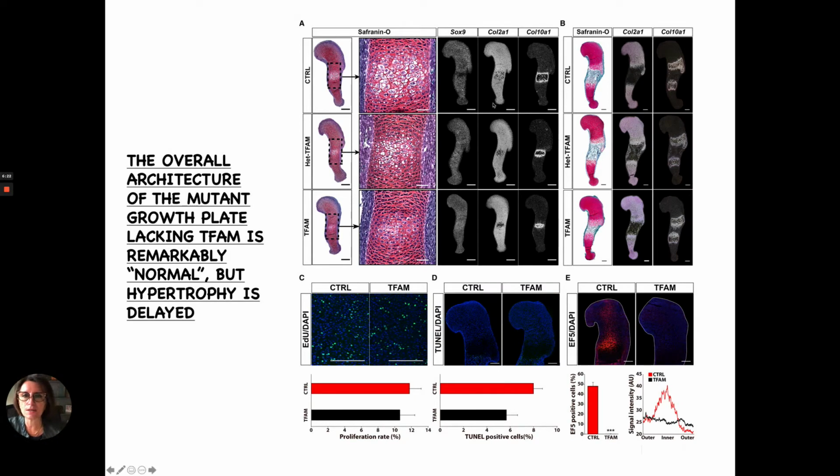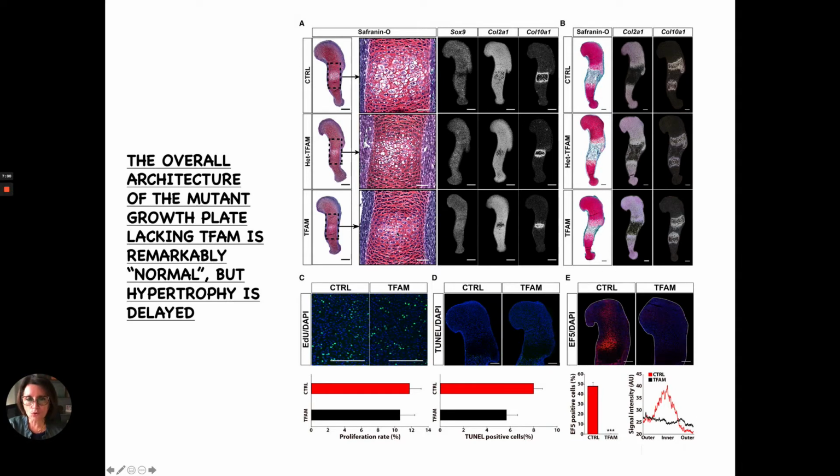These are histological images of a humerus at embryonic day 13.5 and embryonic day 15.5, stained with a variety of stainings specific for cartilage. We don't need to go into the details. What is pretty obvious, even if you are not a histologist, is that the overall structure of the mutant humerus lacking TFAM is very similar to the control. It's a bit smaller than control, but overall the structure is similar, both at E13.5 and E15.5.